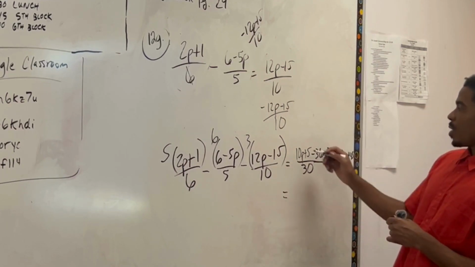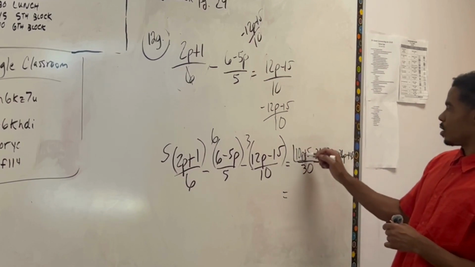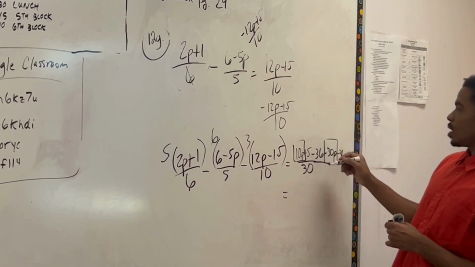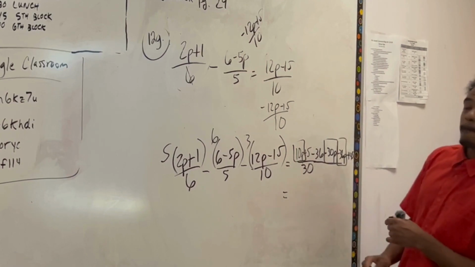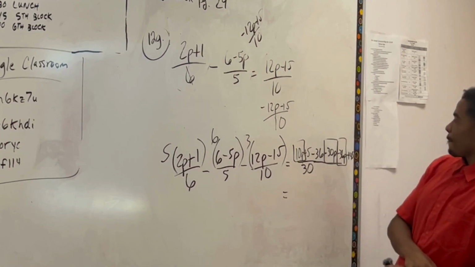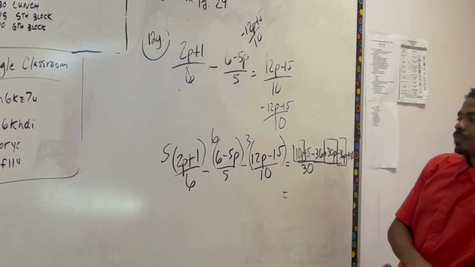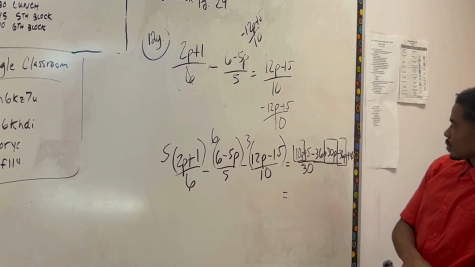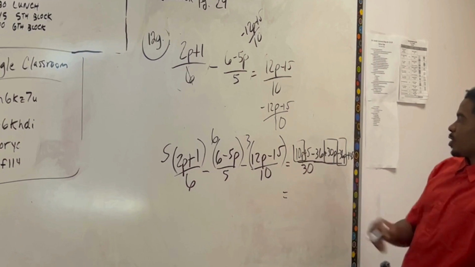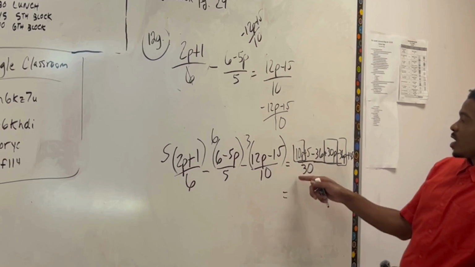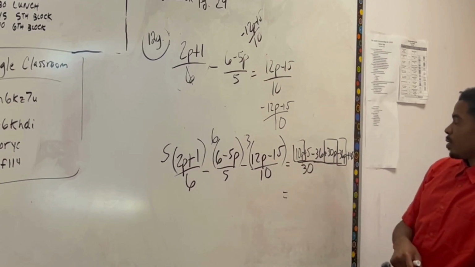Okay. Combine my like terms. 10p, negative, what was this one? Negative 30p, negative 36p. This one is positive 30p. All right. What would they give us for p? So 10p plus 30p is 40p.